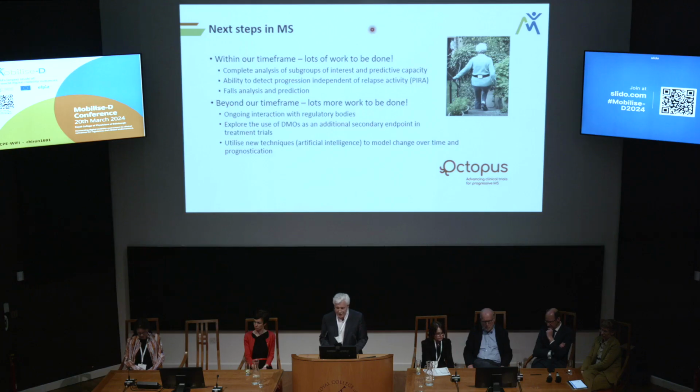And Octopus is a trial running in the UK where we've integrated DMOs as a secondary outcome measure in a subgroup of patients. But we thought we also need to use artificial intelligence to utilize the huge data set that we have, to see if we can model change over time and try to get factors related to prognosis.